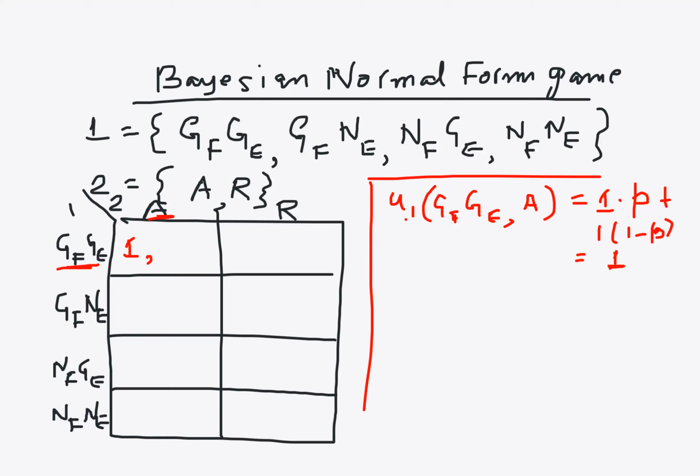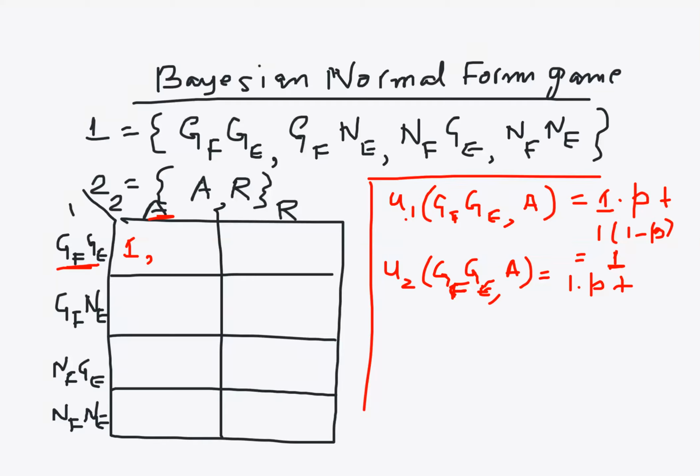And next, let's calculate the payoff of player 2. So the expected payoff of player 2 when player 1 gives gift as a friend type and enemy type, and player 2 accepts the gift, right? If you look at the payoff in the extensive form game, player 2 accepts the gift when it's coming from a friend, so you get 1, and the probability of a friend is P. And then if player 2 accepts the gift when the gift is given by the enemy type of player 1, then player 2 gets -1.